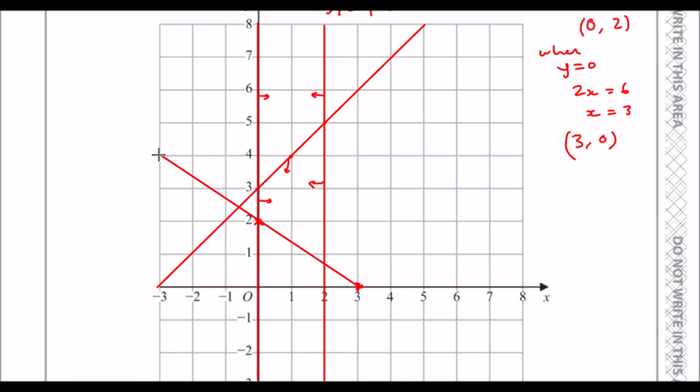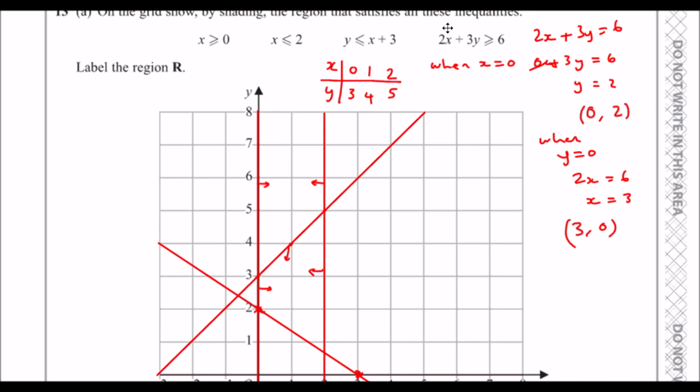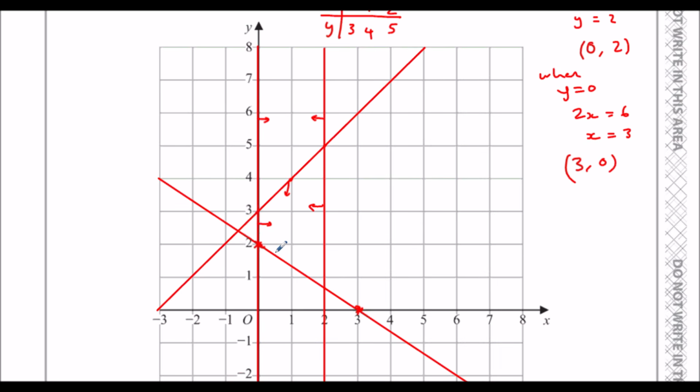So we can draw them on. And that's when x and y are both bigger. So that's going up. So this is the region. And we'll label it R.